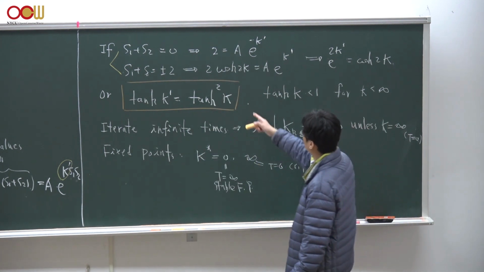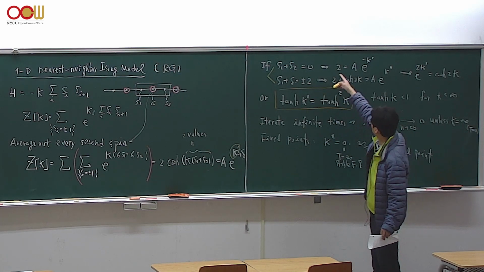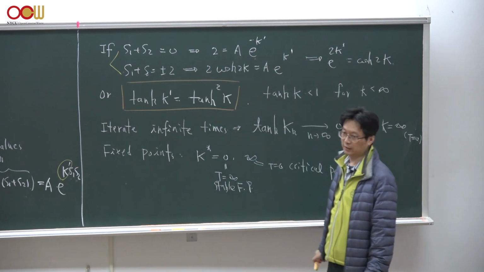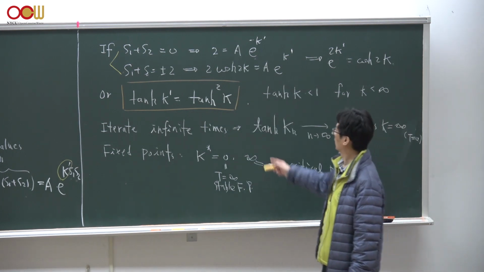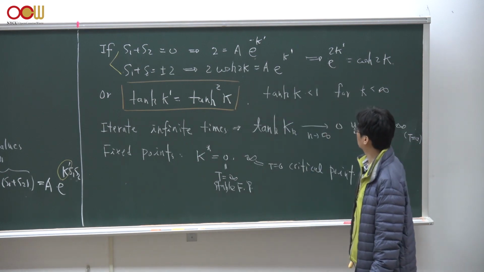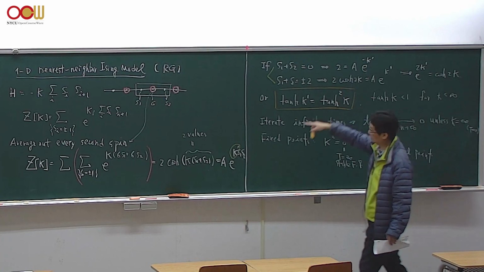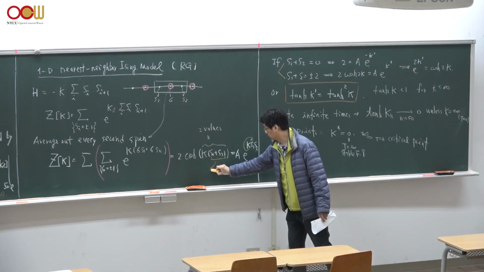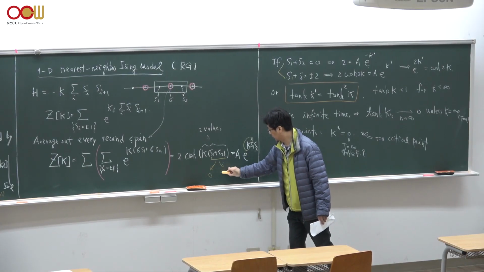When they are cancelled, the relation tells you that 2 equals A times e to the minus K prime. But when they are added up, 2 cosh 2K equals A times e to the K prime. So it's simply plugging in these two different cases, either 0 or plus or minus 2.